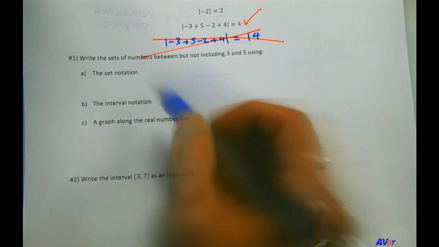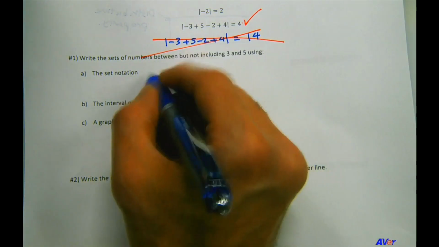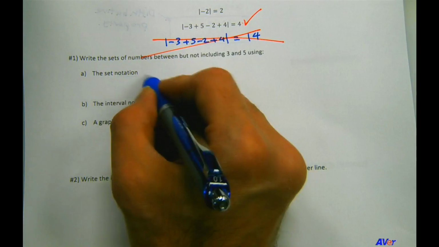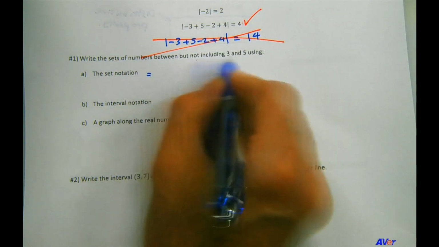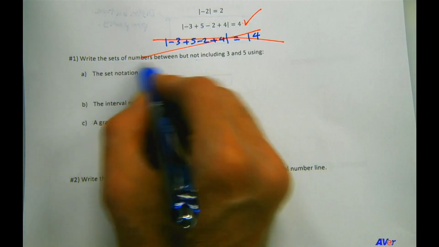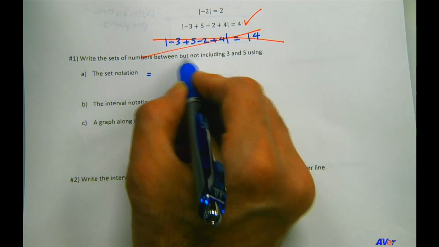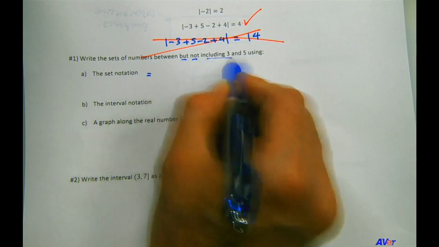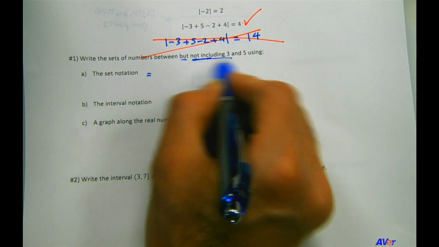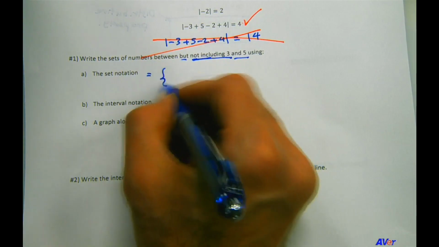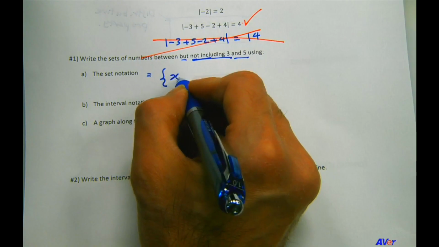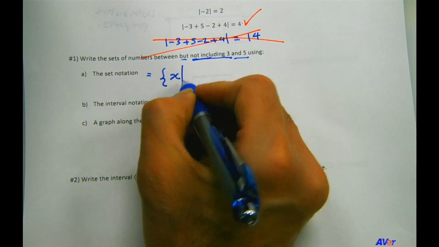Okay, so the way the set notation works is that this set is equal to this set. It's saying write the sets of numbers between, but not including, 3 and 5 using the set notation. That would be: open the curly brace, x, a vertical bar.